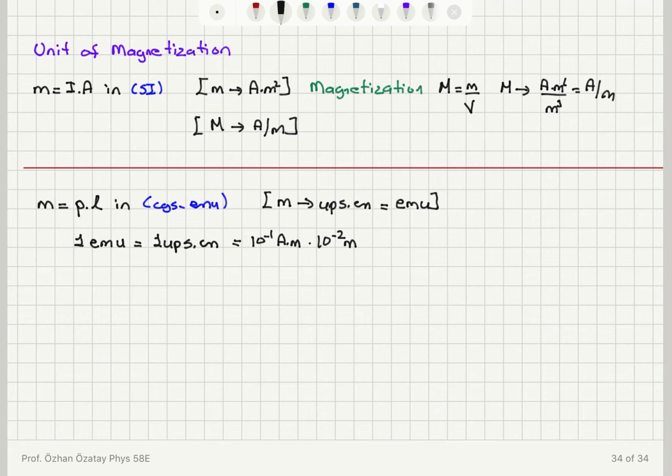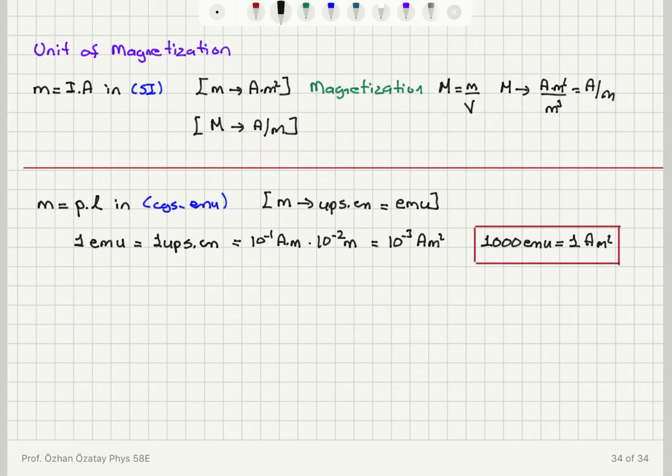So therefore 1 EMU is 10 to minus 3 ampere meter squared, or we can say that 1000 EMU is 1 ampere meter squared. So that's how the magnetic moment converts between CGS EMU and SI units.